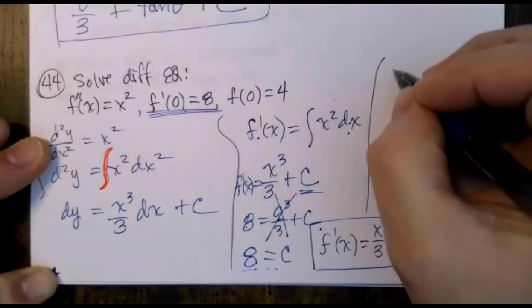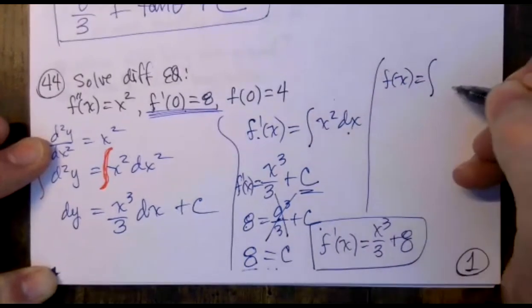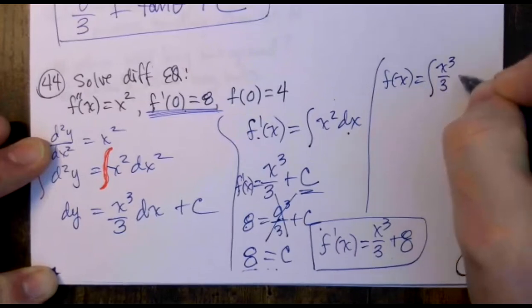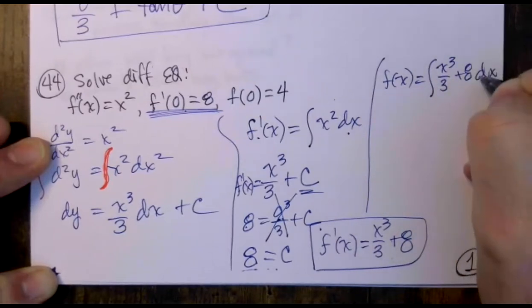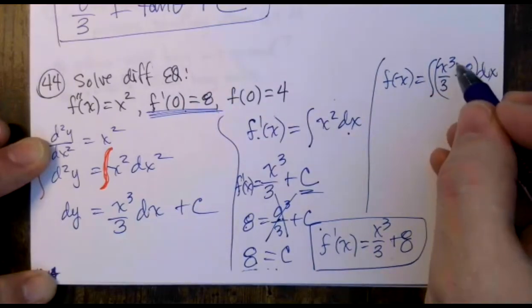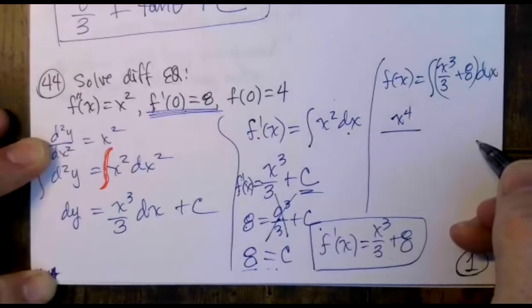All right, one more to go. f is going to be the antiderivative or integral of f prime. So I'm just going to write that down. And I need the dx, that's part of that notation. The antiderivative of x cubed over 3 is going to be x to the 4th over 3 over 4, divided by 4.